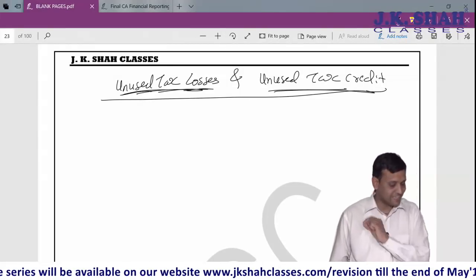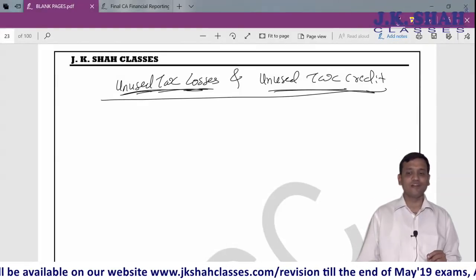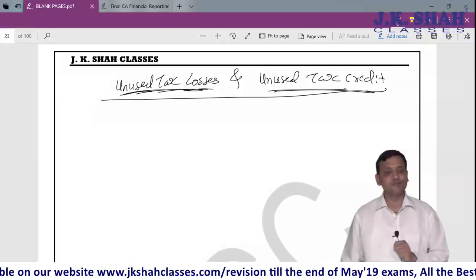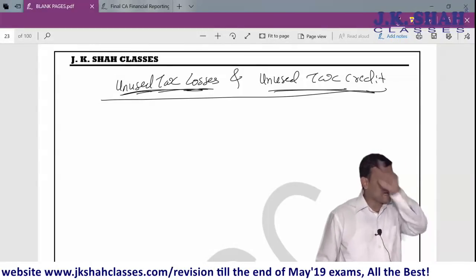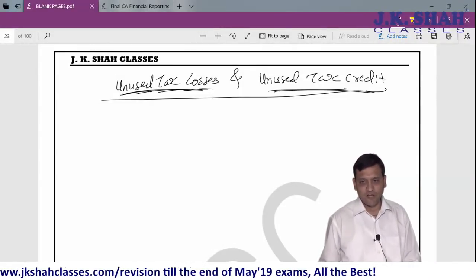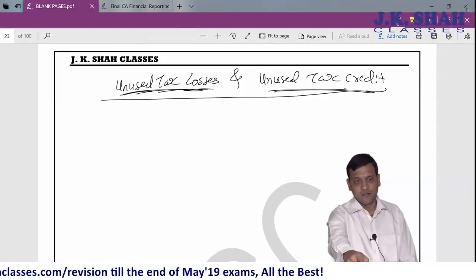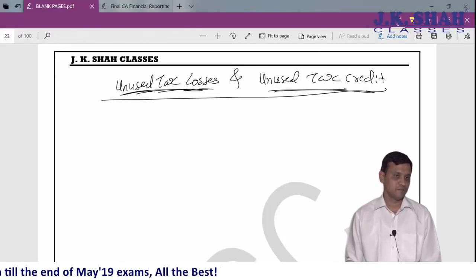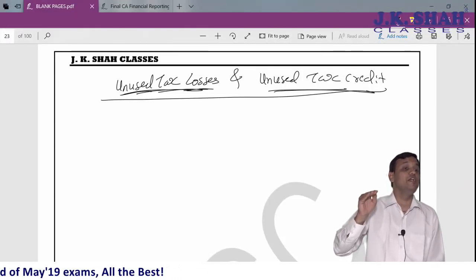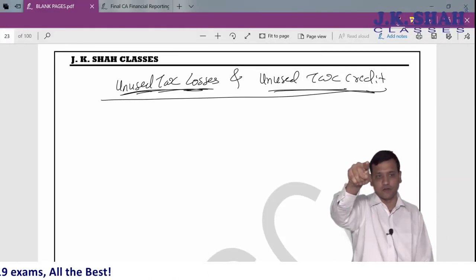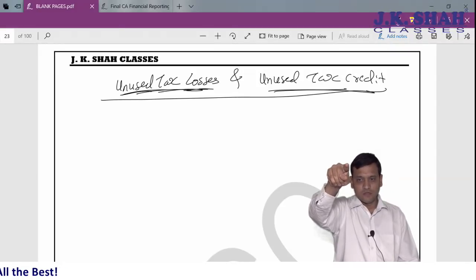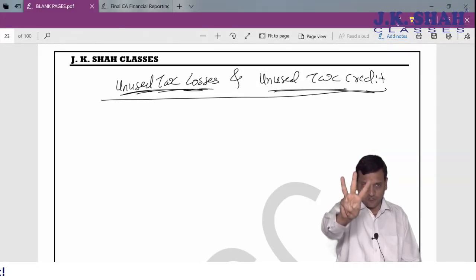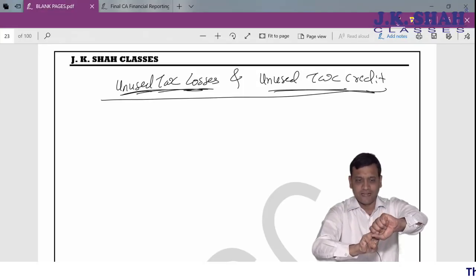So this standard says, why not recognize a DTA for unused tax losses? मैंने इस साल 1 लाख का लॉस किया है. I made a loss of 1 lakh in this year. This loss will be set off against profit. So it is going to reduce my total tax liability in future. Future I will earn a profit of 3 lakhs, but I don't have to pay tax on 3 lakhs.